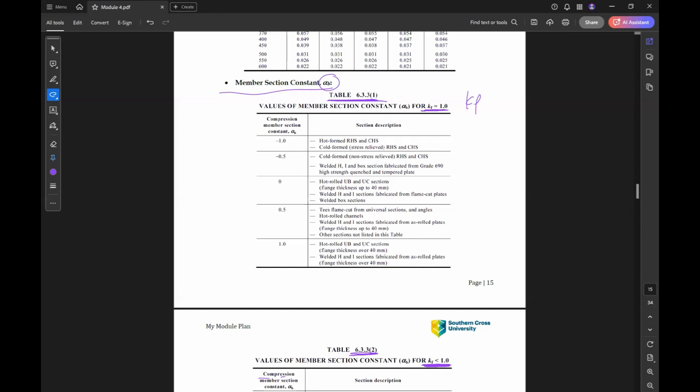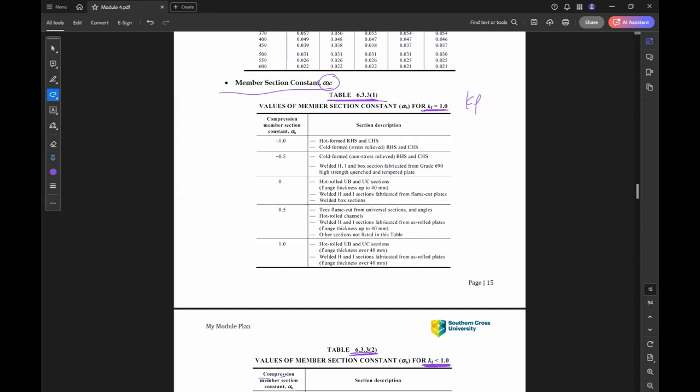Universal column section is called UC. Okay. Another case, if you have the flange more than 40 millimeter, UB or UC, alpha b equal to 1. So based on the type of section you are dealing with or designing, this is the value of alpha b.